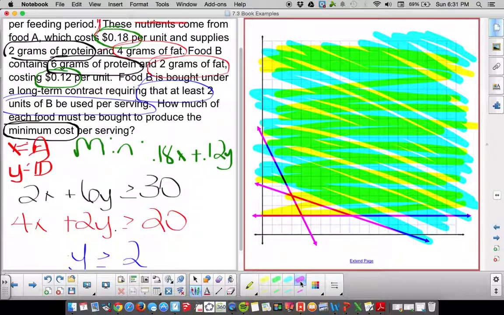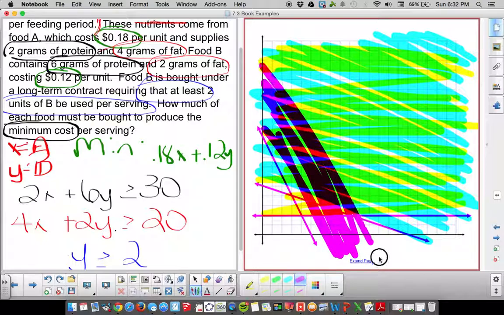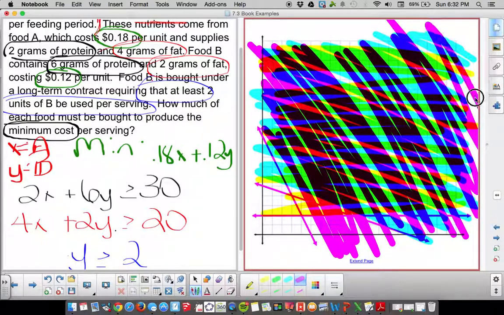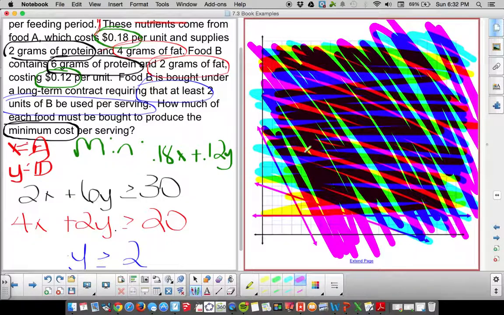Then I also have 4x plus 2y is greater than or equal to 20. I know that 0, 0 is not contained in that solution, so I'm shading above. So you can see here where my feasible region is.